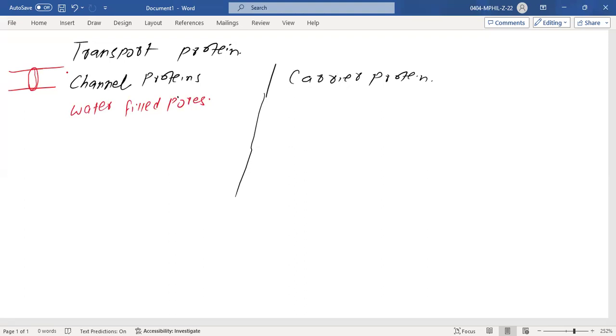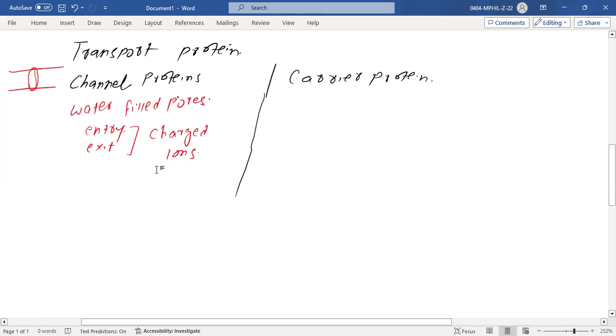So what is their function? These pores provide an entry point or exit point for charged ions. Those charged ions will be restricted by the plasma membrane, because the lipid bilayer may limit the transportation of charged particles.